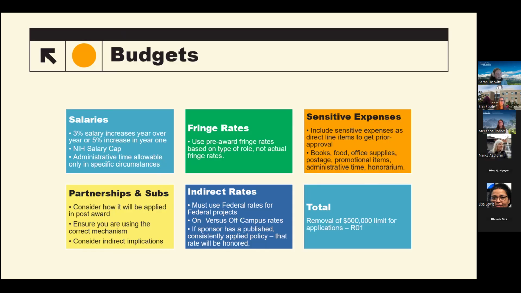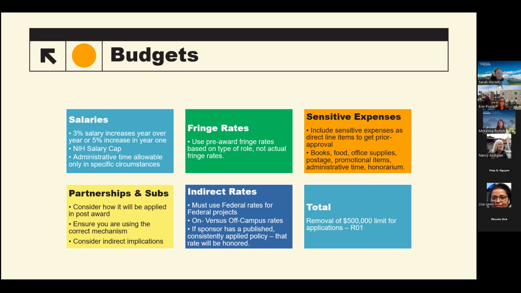And then thinking about the total, this is a new announcement from NIH, so we wanted to make sure we touched on this: NIH is no longer requiring prior approval for budgets that are over 500,000 in directs. For us, this is usually specific to the R01 model.